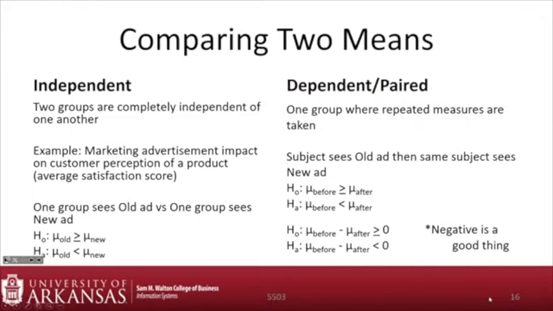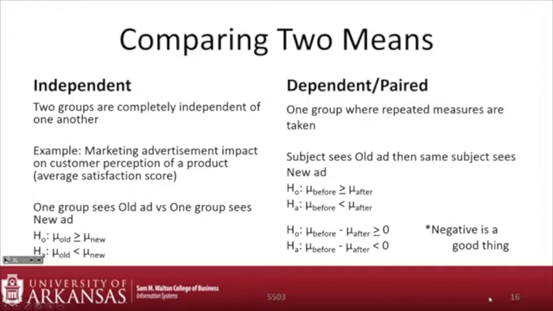You have twin A and twin B, and A gets the control and B gets the treatment, and you see what happens. But you keep their scores together, okay? And so they're not completely independent. We've actually paired them based on some criteria. So that's the idea behind dependence. Either repeated measures or your subjects are paired on some certain criteria.